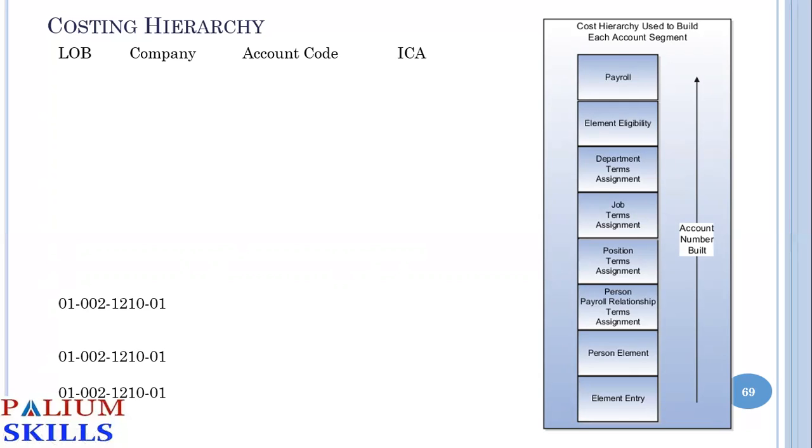But mostly people enter it either at payroll or at the element eligibility, and then at the assignment or the element entry level. So how does this work? This basically works like this. First, it will start looking at the individual elements and their accounting that has been entered in the system.